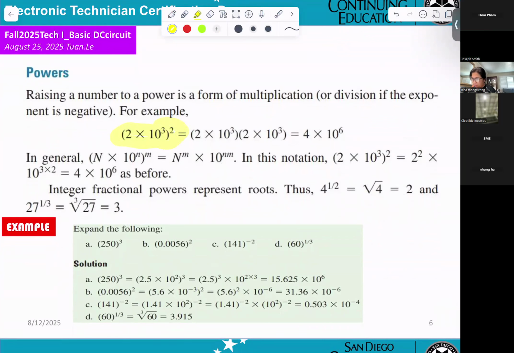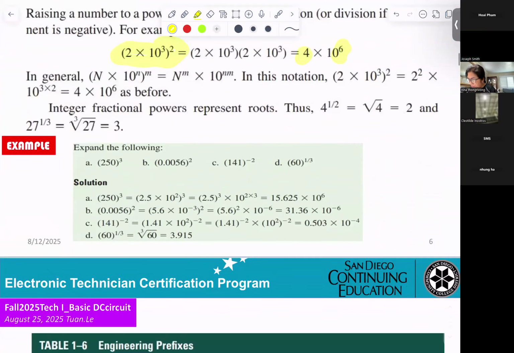Two times 10 power of 3 squared. Okay, so 10 power of 2 squared is 4, and 10 power of 3 squared will be 6. That is how we can deal with that number.